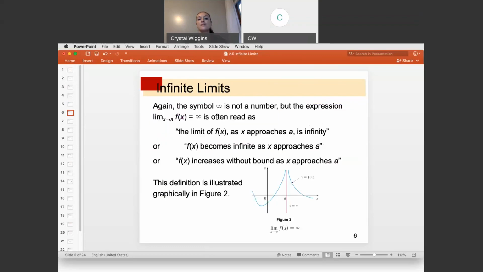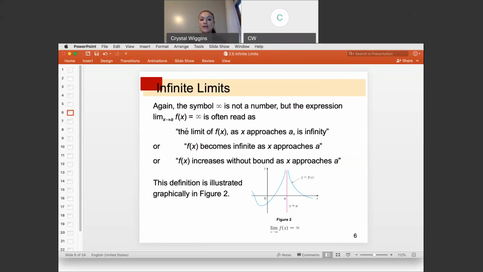Again, the symbol, which looks like an 8 that fell over on its side, is called the infinity symbol, and it is not a number. It's really important to understand that infinity is not something you can put your finger on and say, I know what infinity is, it's this value. No. Infinity is just a placeholder. It means that we are looking at a number that is really, really unimaginably big.